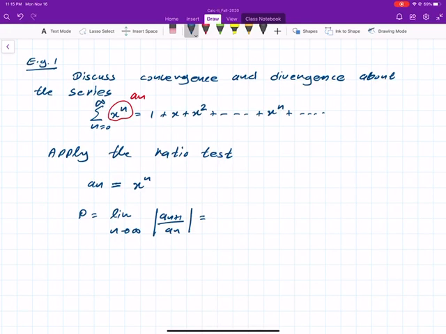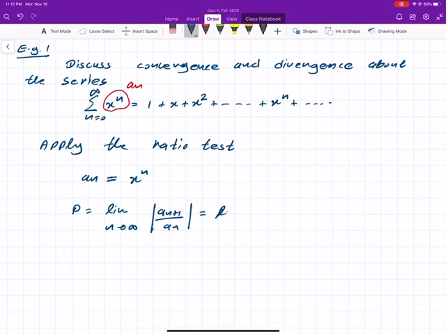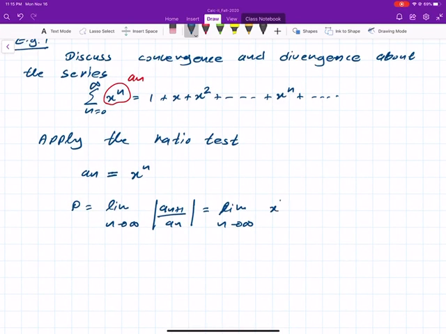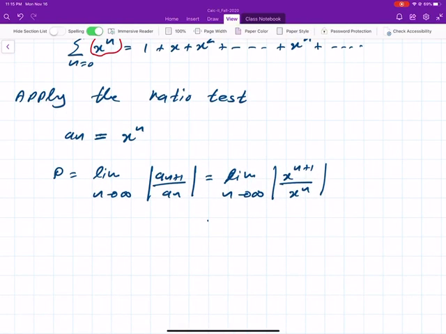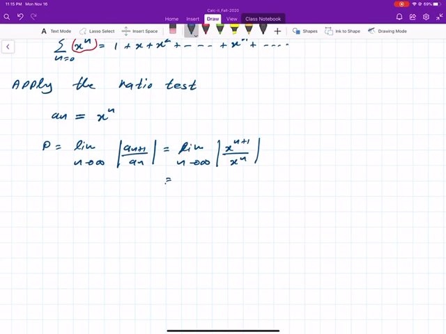Here the a n is x to the power n. So a n plus 1 is just x to the power n plus 1 over x to the power n, and the absolute value of that. If you simplify this further, what you get is limit n goes to infinity absolute value of x. That is your rho.